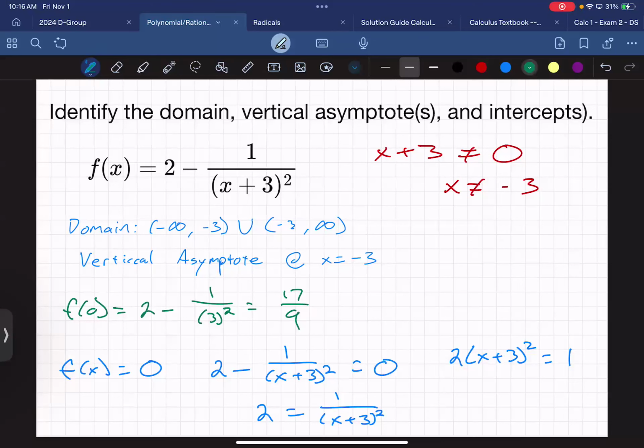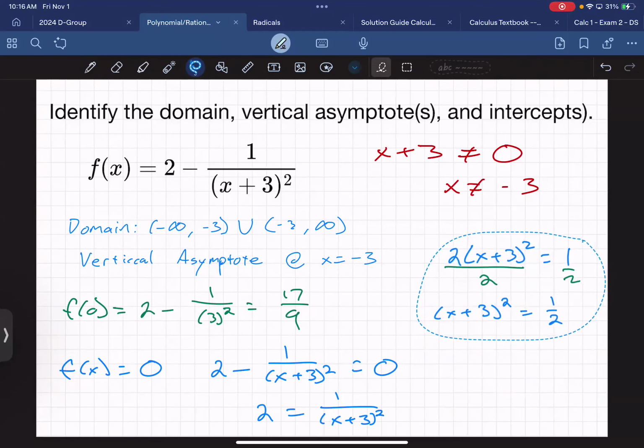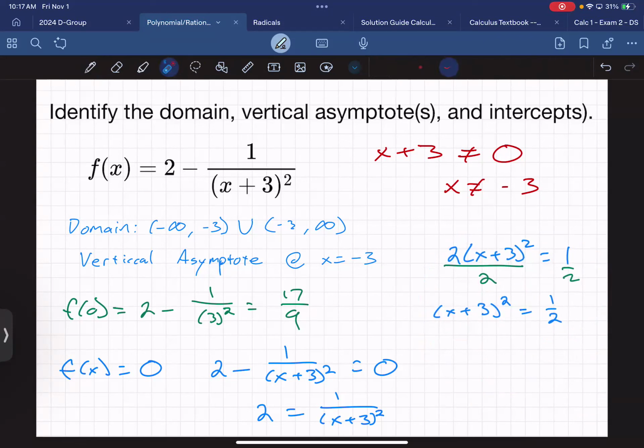I can then divide both sides by 2. All right, and then what would I do here to finish solving? That's where our square root comes in, right?